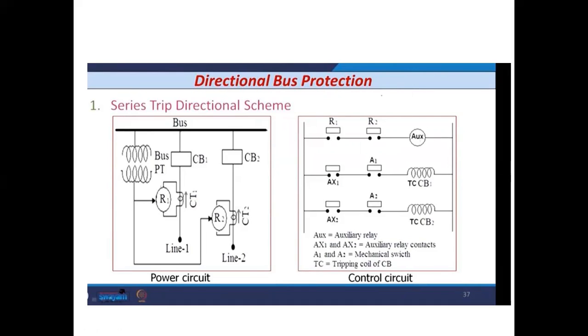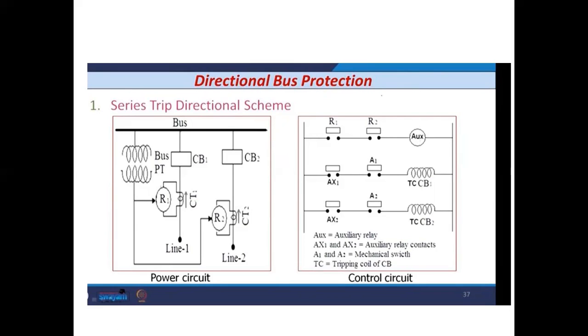Circuit breakers CB1 and CB2 are connected with CT1 and CT2. CB1 is connected to CT1, CB2 is connected to CT2. So you have relay 1 and relay 2, both connected. And in this directional relay, the secondary of the PT input is also required for each relay.